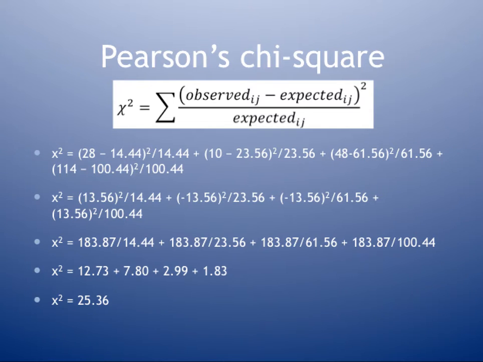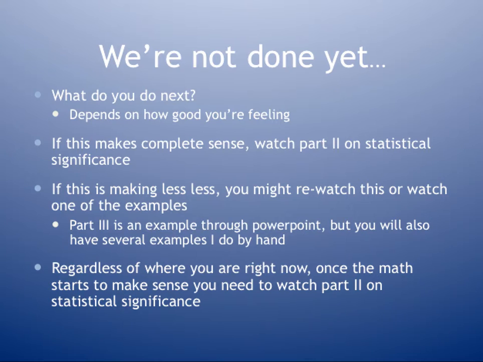All right, I know this is a little bit complicated, so I wanted to stop here and give you a chance to regroup based on what you need. So, again, we're not done with chi-square yet. Where are you going now? Well, it really depends on how you're feeling. If so far everything I've said makes complete sense, then awesome. Then go on to part 2, which is statistical significance.